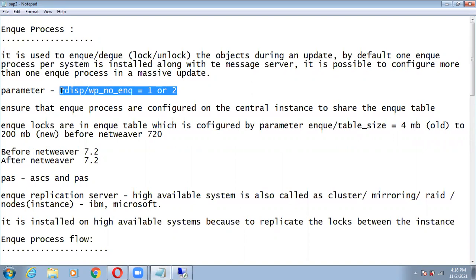In the profile class, I will tell you how to increase and decrease the parameter. I will explain it in the profile class.